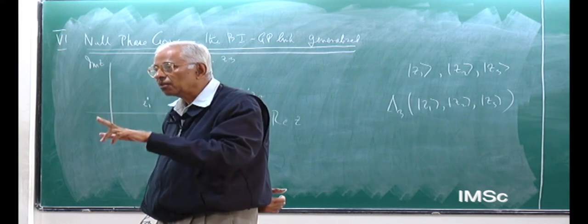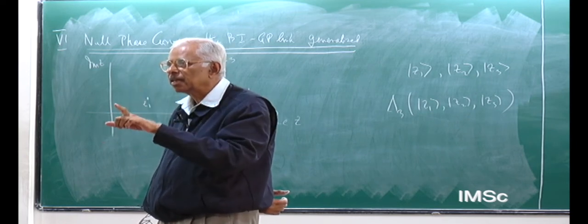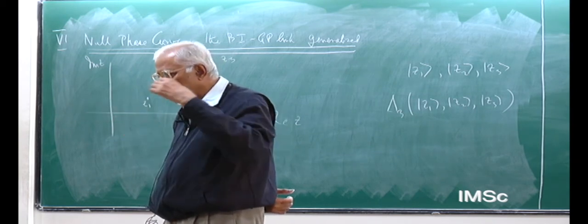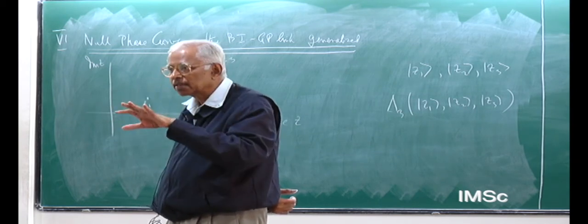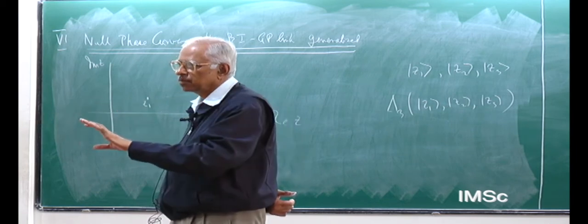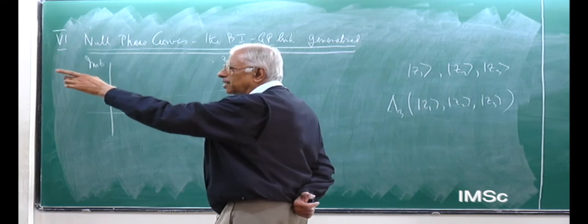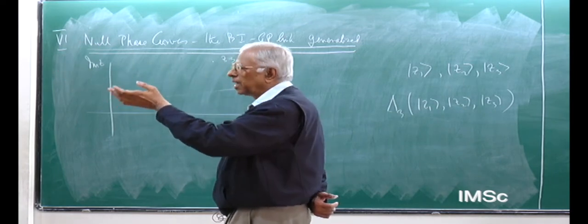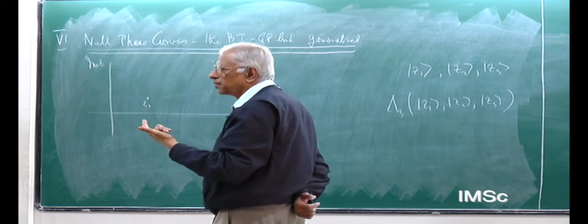You have linear combinations of the coherent state Z1 and the coherent state Z2 with certain coefficients. So all along the geodesic, it's not a coherent state. But it starts at the coherent state Z1, ends at Z2. Then from Z2 to Z3, you are outside the family of coherent states, and also from Z3 to Z1.